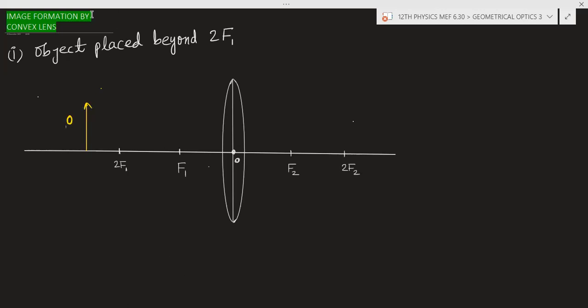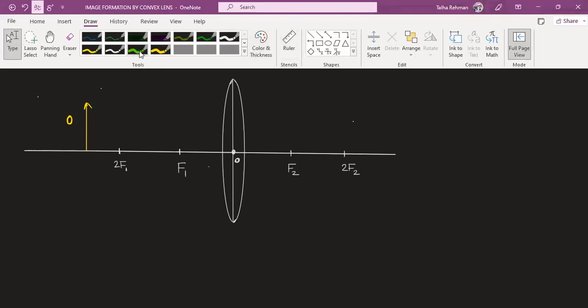For the image formation of this object, there is a requirement of two rays from the object. At least two rays should meet at a point.